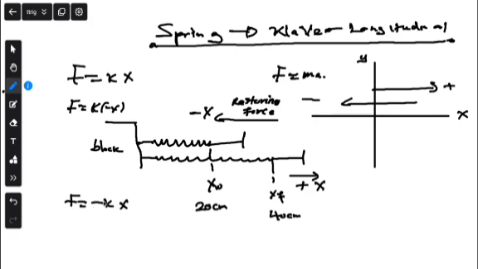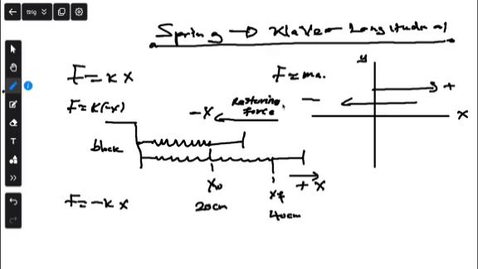Now as the spring is stretched and you let go, you're going to find that it is going to accelerate as it is moving in this direction here. As it is accelerating, the only force applying on the spring is the restoring force.